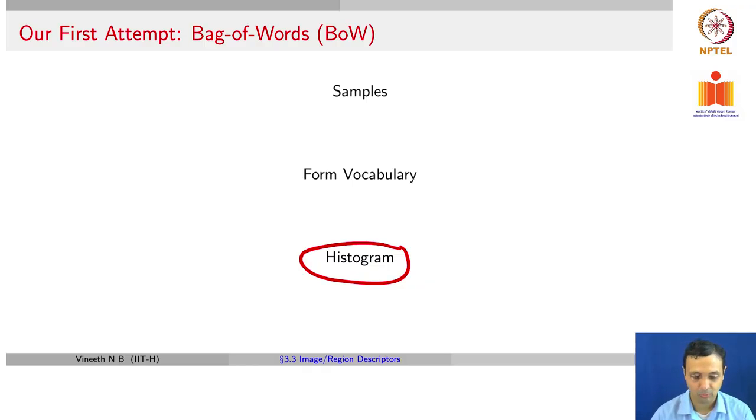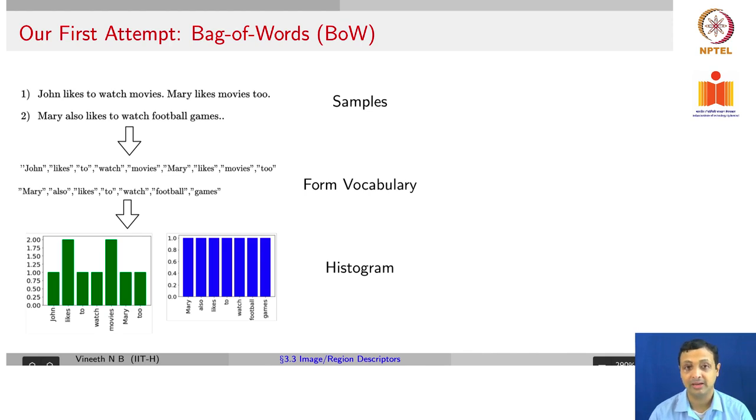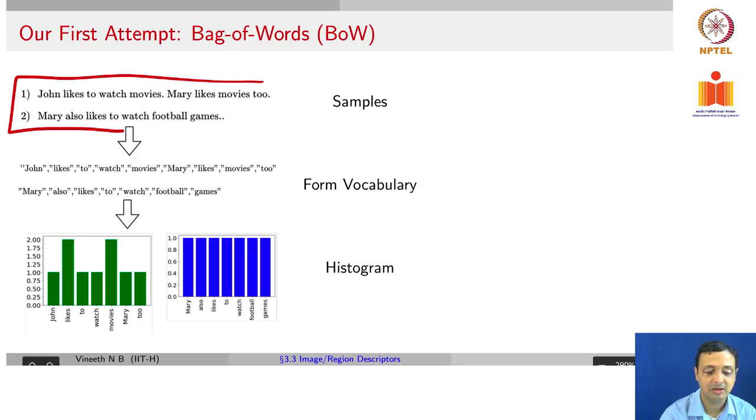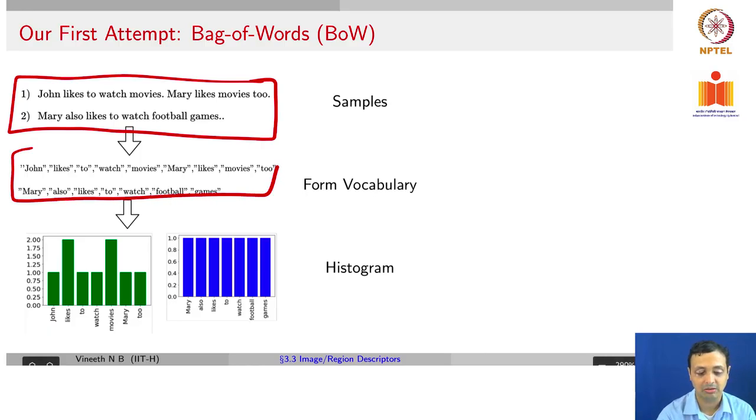Let's try to describe that in more detail. So if you had text information, your samples would simply be different sentences. Your vocabulary would be the words that occur in these sentences, all the possible words that you have occurring in your sentences.